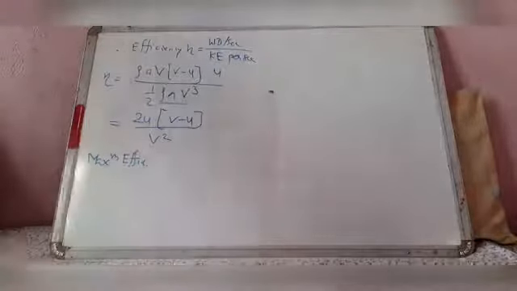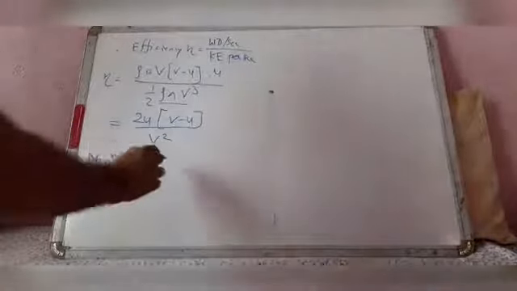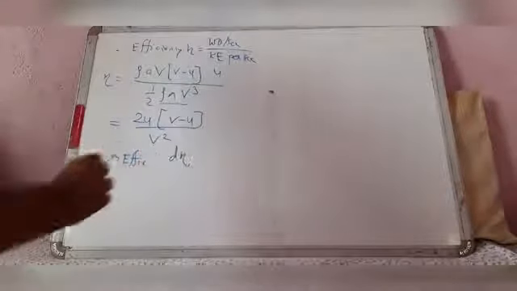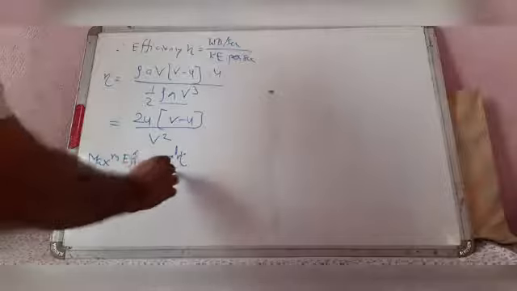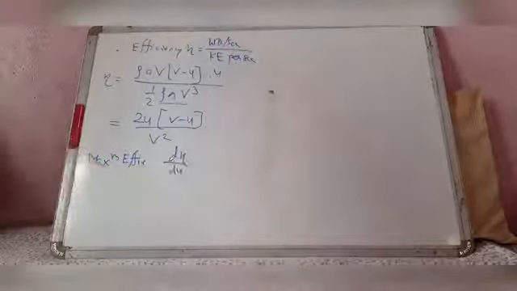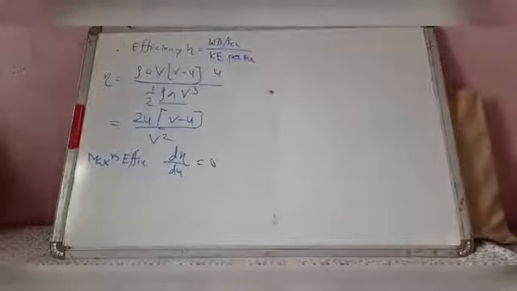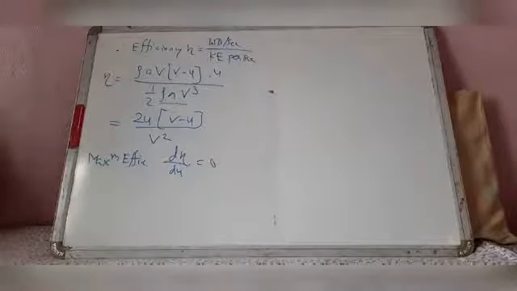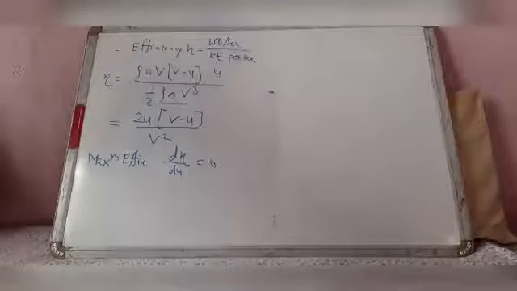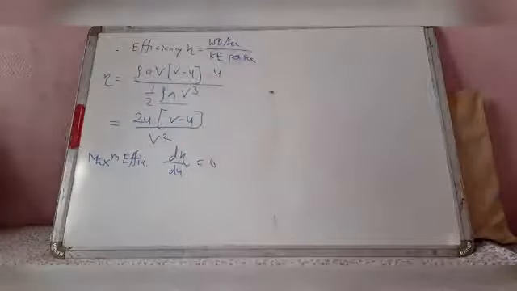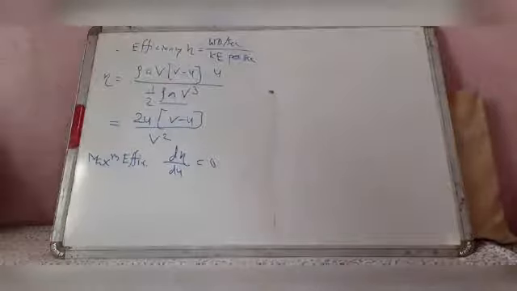The efficiency will be maximum when d eta by du is equal to 0. We are differentiating eta with respect to u, and if this value is 0, that is the condition for maximum efficiency.